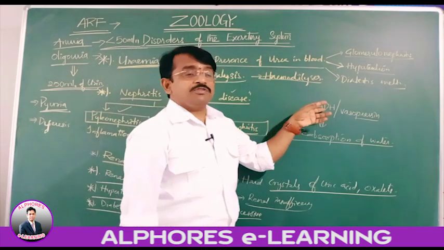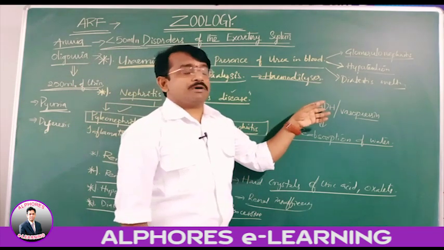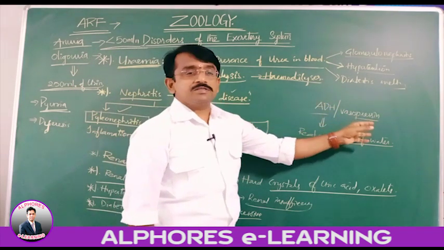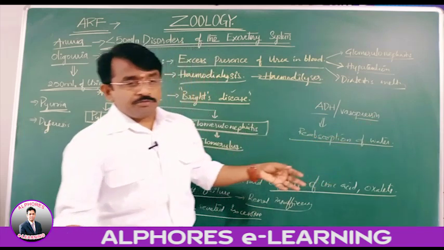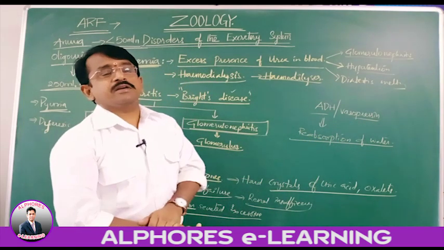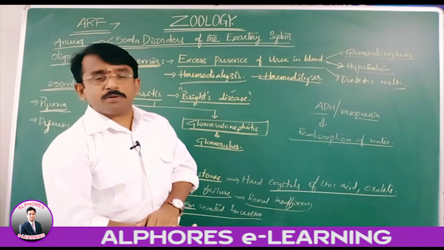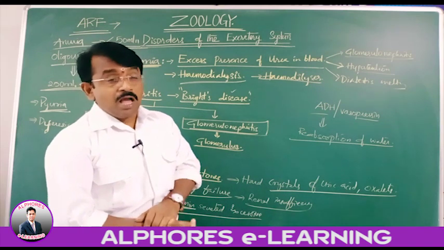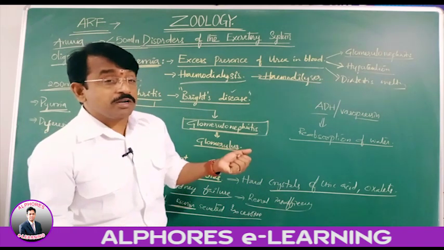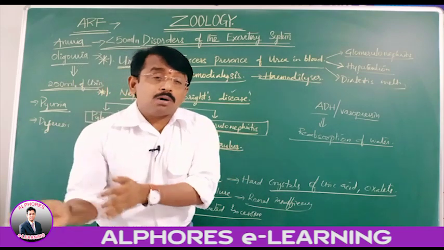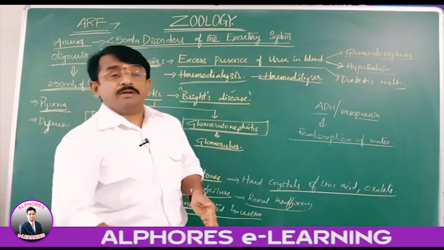So deficiency or defect in its receptors, or deficiency of ADH at the DCT and collecting duct, water reabsorption does not take place. As the water reabsorption does not take place, water goes on being eliminated through the urine.